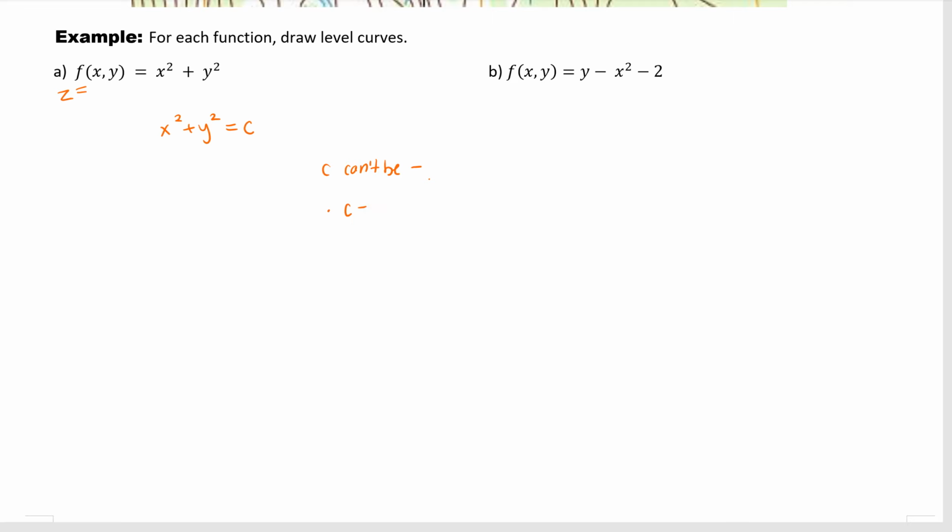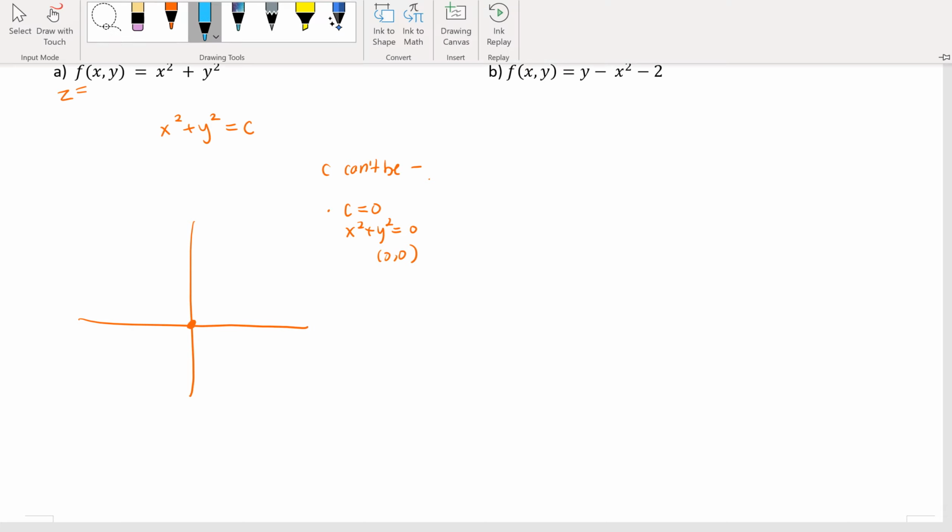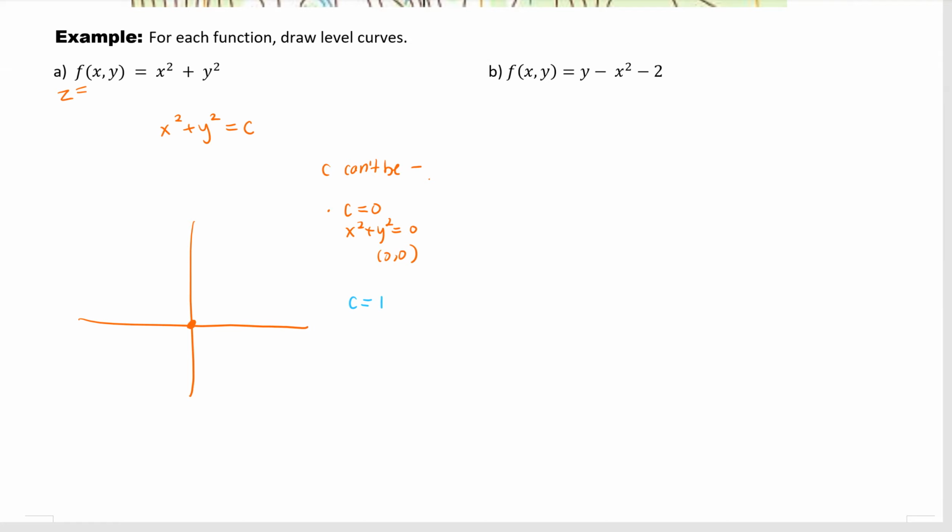So what happens if c is 0? Well, when c is 0, we have x squared plus y squared equals 0. This is just the point, the origin, right? And how about when c equals 1? Then we have x squared plus y squared equals 1. This is a circle with radius 1, right?